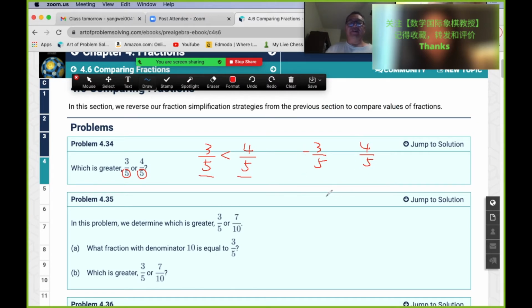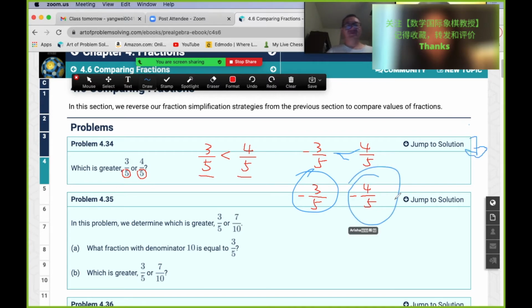Now, if I write two negative fractions, like negative 3 over 5 and negative 4 over 5, which one is greater? Why?